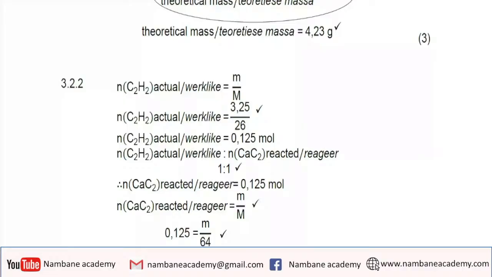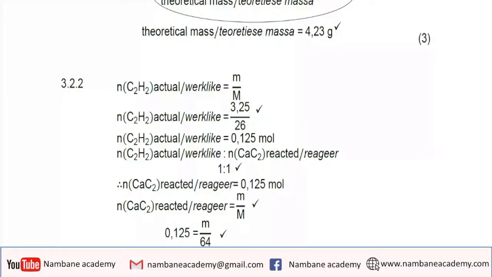And then after doing that, they will find that the reacted number of moles of calcium carbide, CaC2, is the same as 0.125. Then they therefore calculate the CaC2 mass that has reacted with water using the formula n is equal to m over M, which gets a mark.